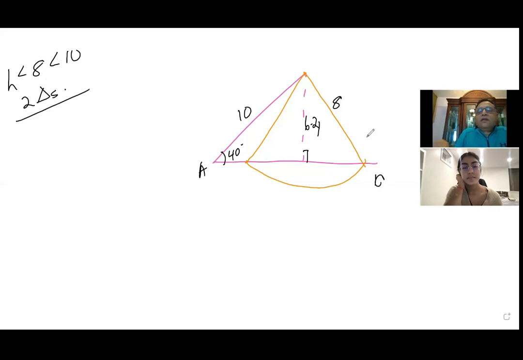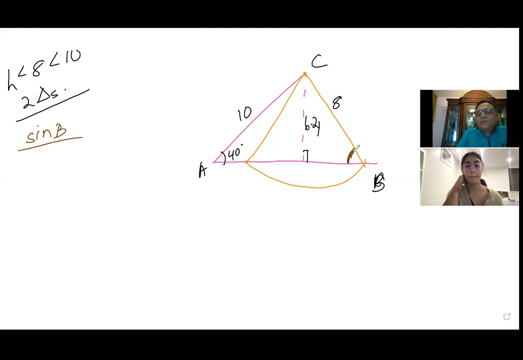How will you solve? You will use sine law. Let us use sine law and solve it. Which angle do we want to find? We'll find angle B. Go for the scalene triangle, the bigger one, and apply the sine law in triangle ABC.